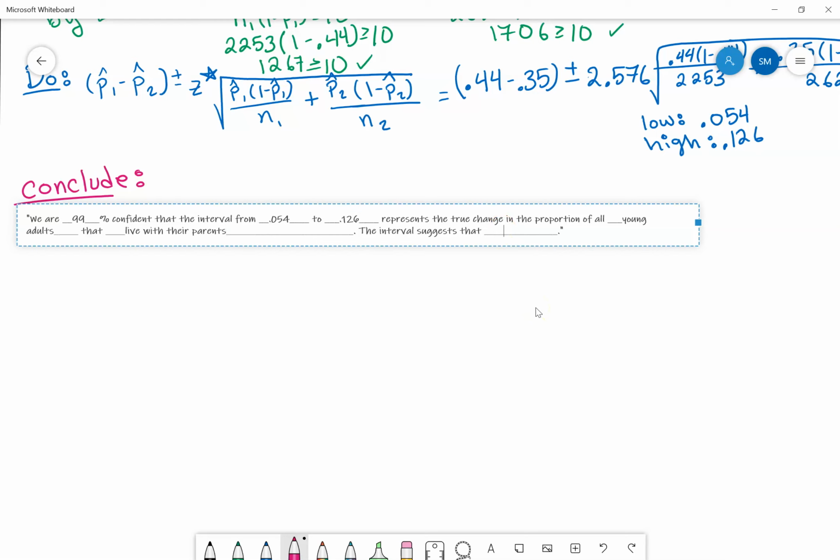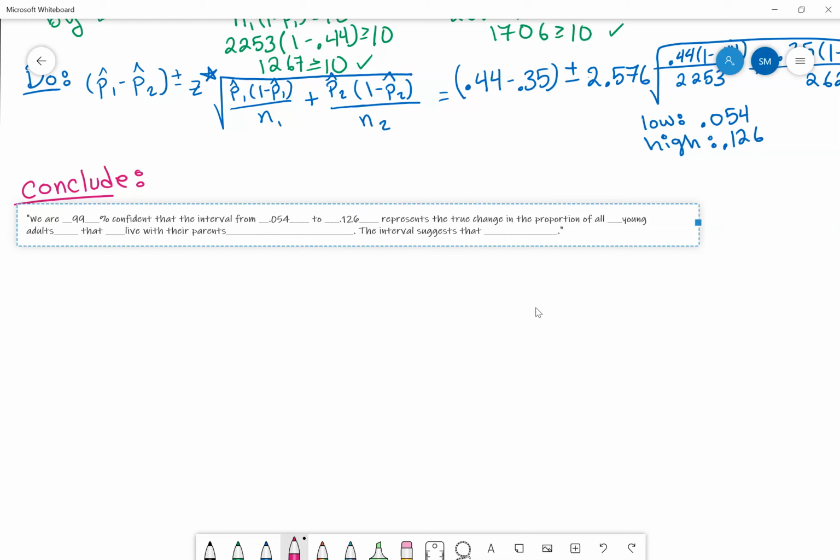Notice that whenever we did the problem, we got positive numbers. So that means that there is going to be a difference of 5.4 to 12.6% of a difference.